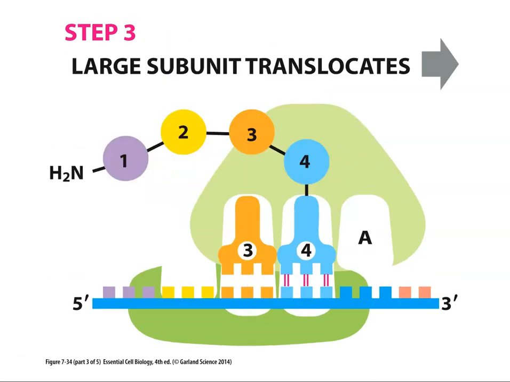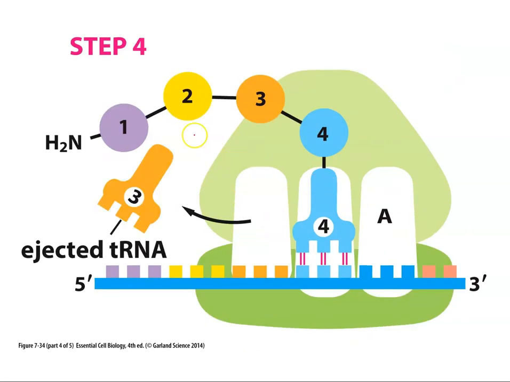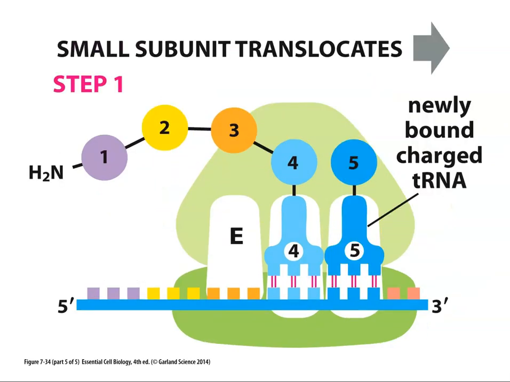Then this top part moves over, that synthesis occurs, that peptidyl bond gets made, and then the empty tRNA gets bumped out. Then this moves back over here, and now we can have an amino acid come back in here, ready to go for another round.